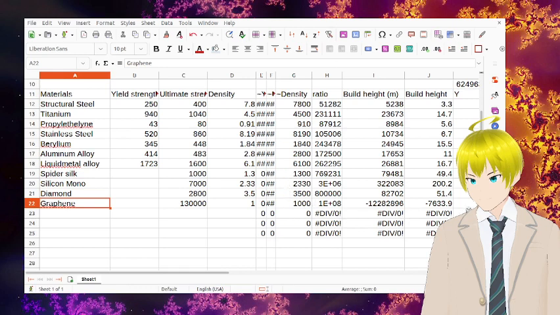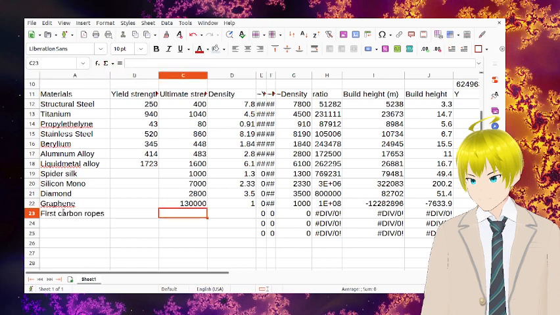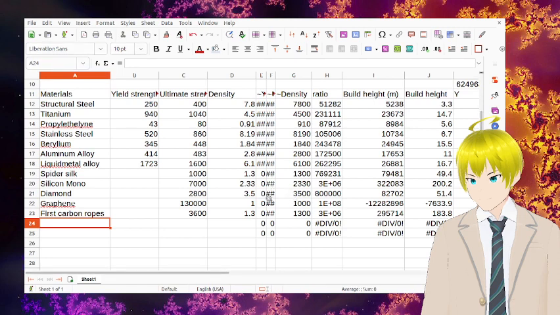So carbon nanotube ropes. No, these aren't good. So the first carbon nanotube ropes, carbon ropes. It's 3600 and 1.3. So this actually isn't that good. You can only build 183 miles with this. But once we get into the more advanced carbon nanotubes, like colossal carbon tube, this has such a low density.